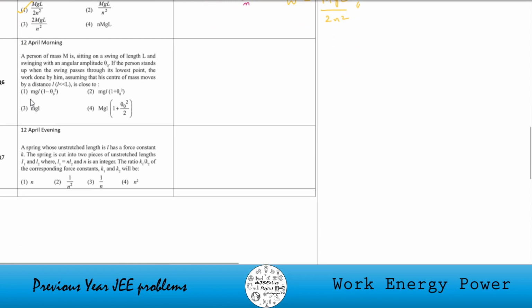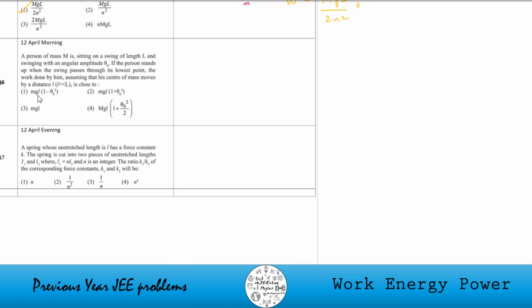Next question. A person of mass capital M is sitting on a swing of length capital L and swinging with an angular amplitude theta naught. If the person stands up when the swing passes through its lowest point, the work done by him, assuming that his center of mass moves by a distance small l, where small l is very less than capital L, is close to.